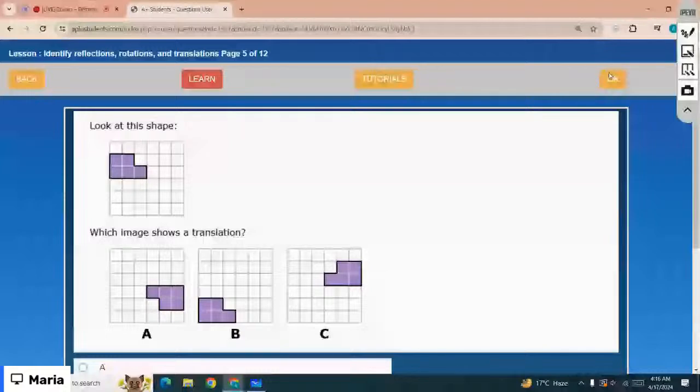Look at this shape. Which image shows a translation? Which is the correct option? B is the translation.